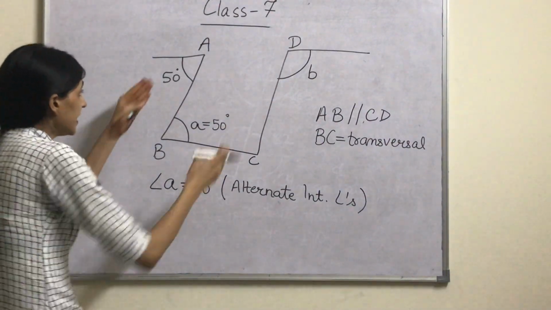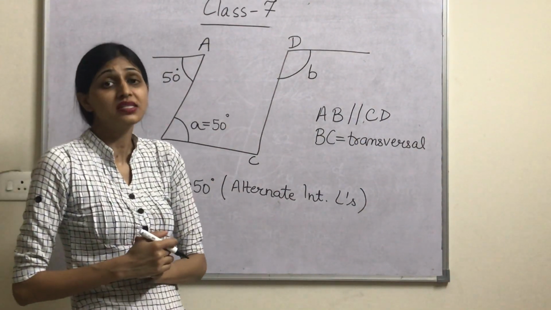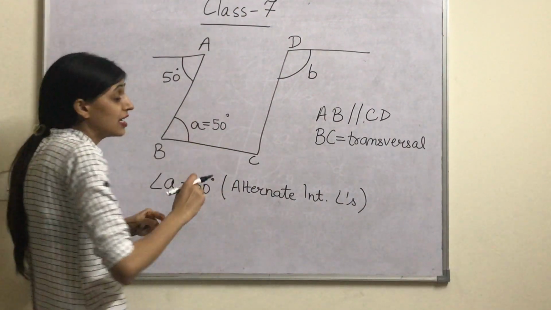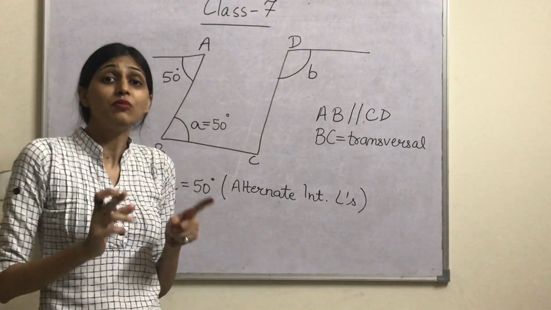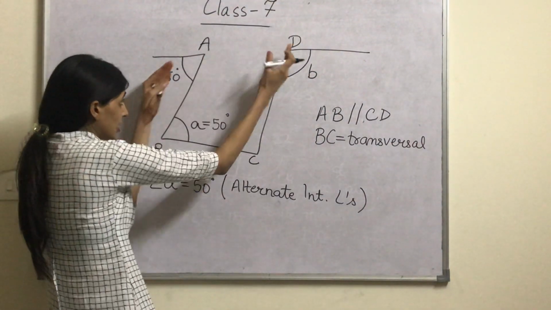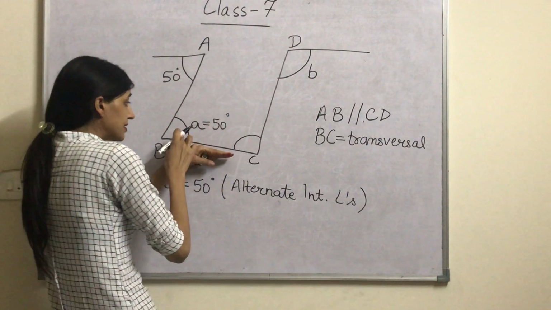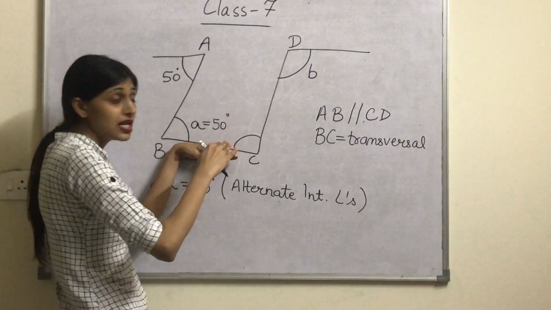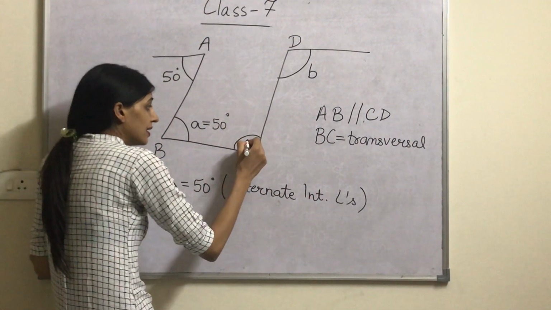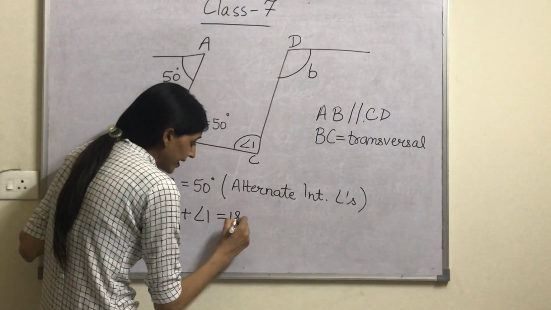Now, these are the two parallel lines and this is the transversal that cuts the two parallel lines. That means whatever angles are on the same side of the transversal, the sum of those angles is equal to 180 degree, as we have done. So this angle plus this angle, these are on the same side of transversal, so both the angles have the sum as 180 degree. So can I write, name it as angle 1. Angle A plus angle 1 is equal to 180 degree.